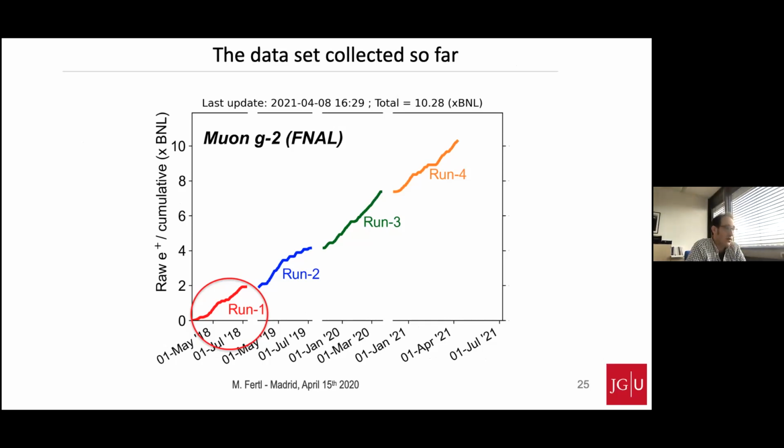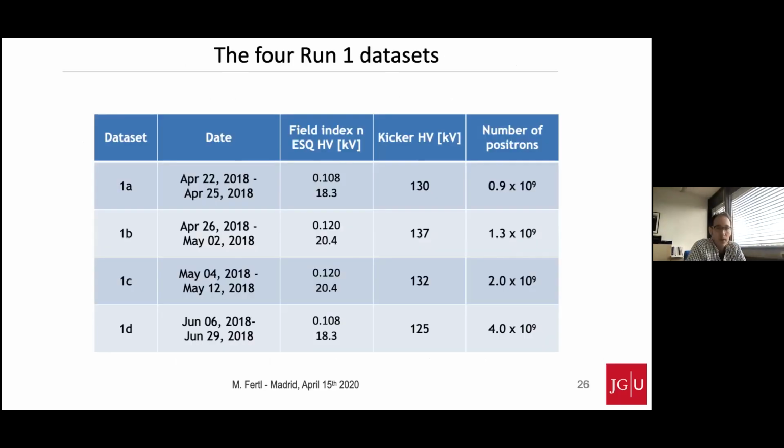This run 1 is also not a homogeneous data set, but we actually were running in four sub-data sets with different high voltage settings. For example, on the kicker, you can see that we changed the voltages here, and also the voltages that are applied to the plates of the electrostatic quadrupole. And so we have actually 4 different data sets that you have to analyze independently.